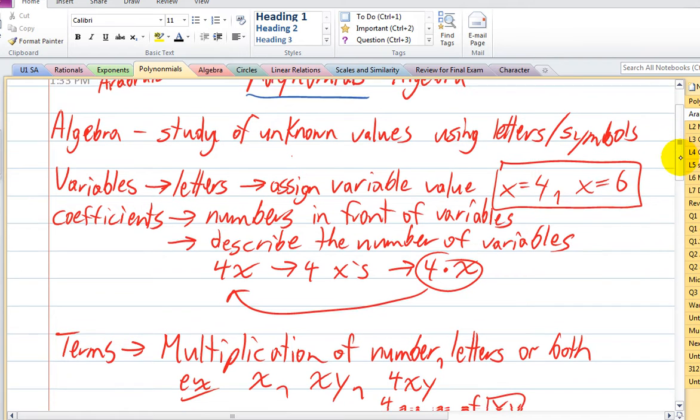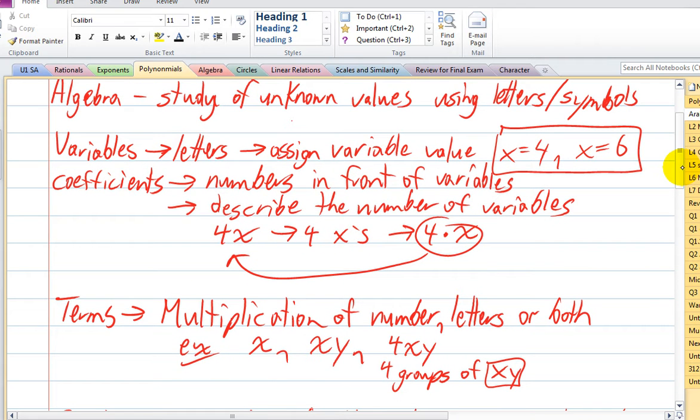The 4xy means we have 4 groups of xy, or 4 times xy. Do you see any pluses or minuses? No, none. There are no pluses or minuses. It's just letters side by side.